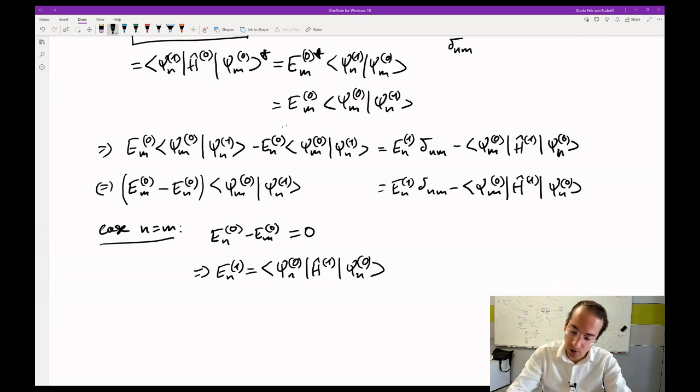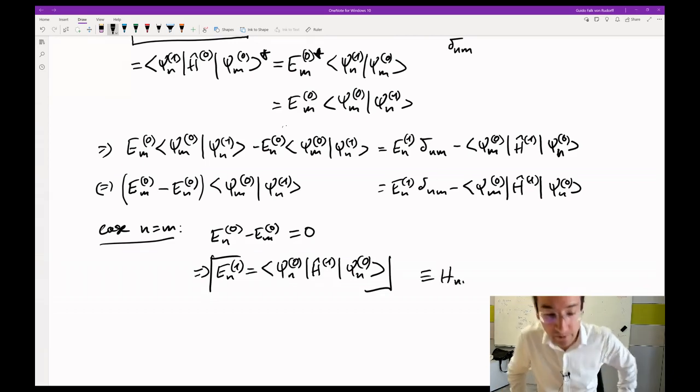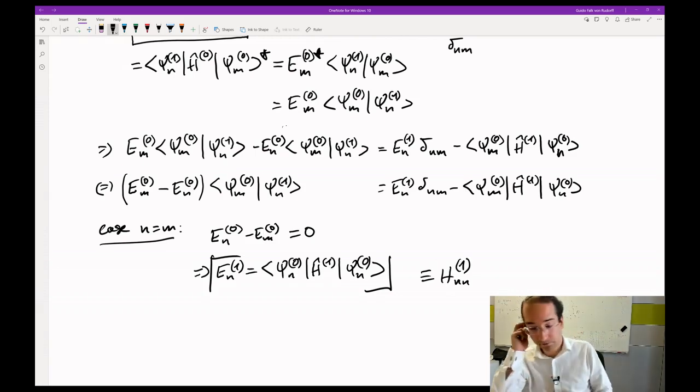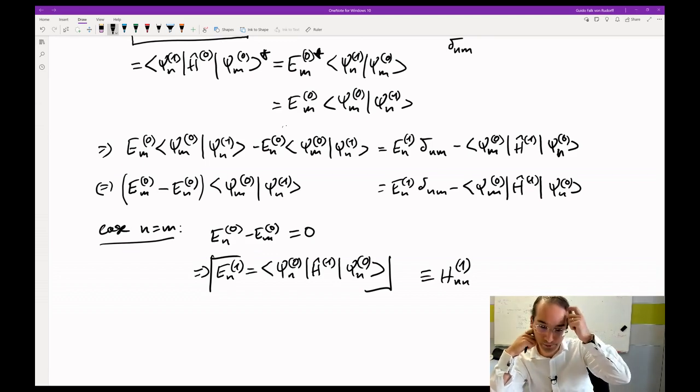So that's also one important result to keep in mind. And we will define this as the linear part of the Hamiltonian HNN. So that's just one new label that we will attribute to this particular energy.